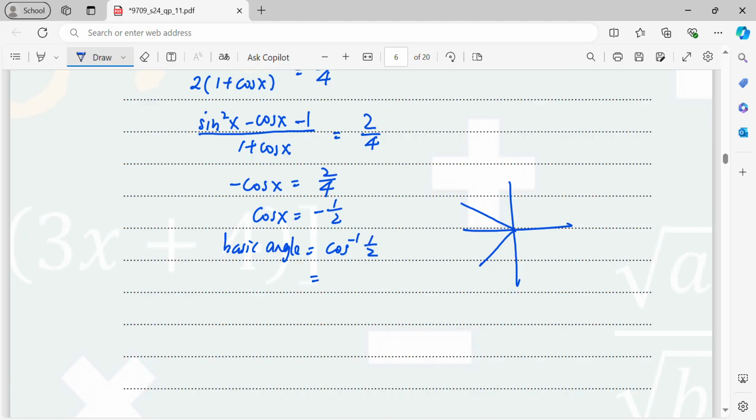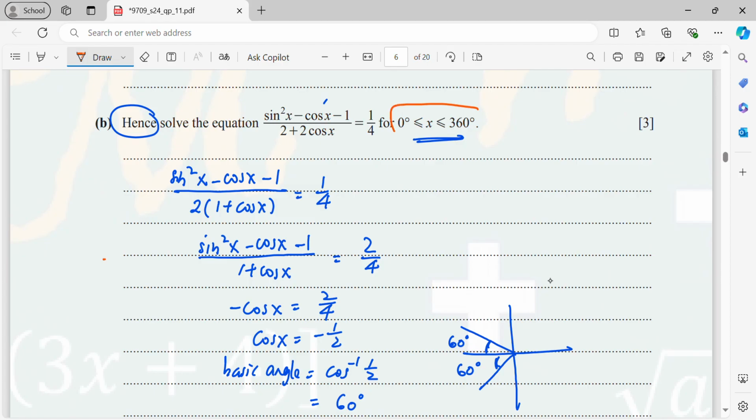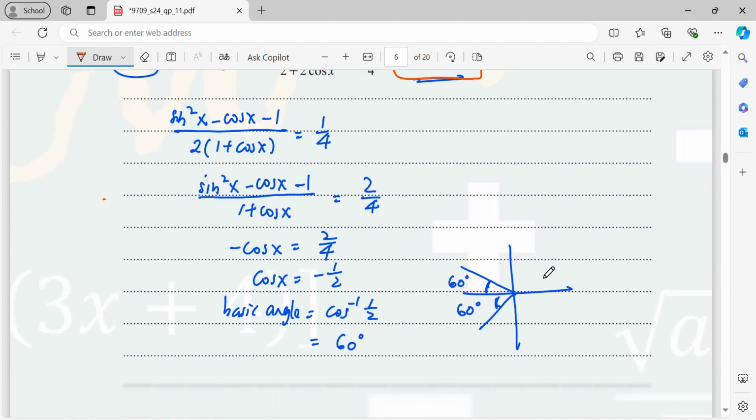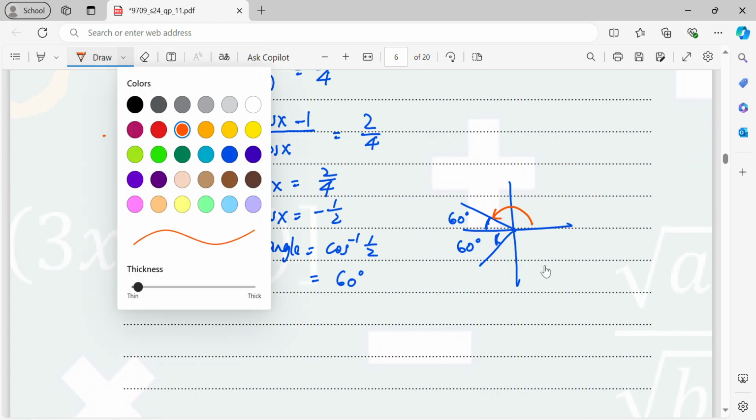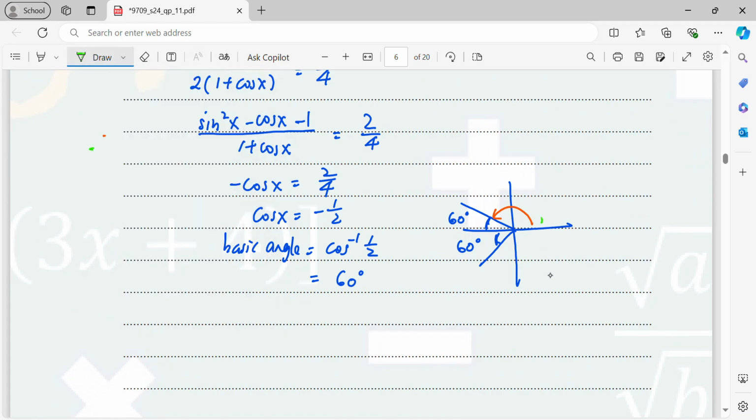So at cos half you will be getting 120 degrees. Sorry, at cos half is basically 60 degrees. Okay, which means here I will label 60 degrees and this is 60 degrees. These two are my basic angles. And then now look at the interval. Your x is defined from 0 to 360 degrees, which means I have to accept this as the first angle, and my second angle is the green color.